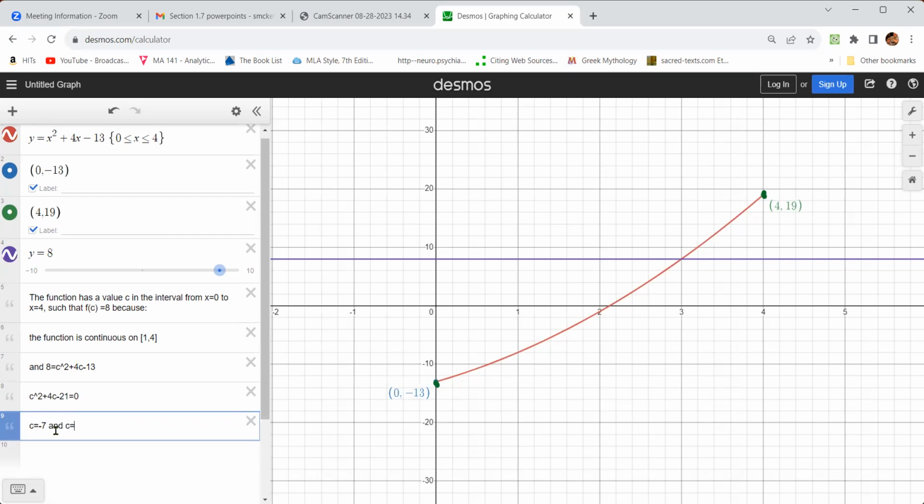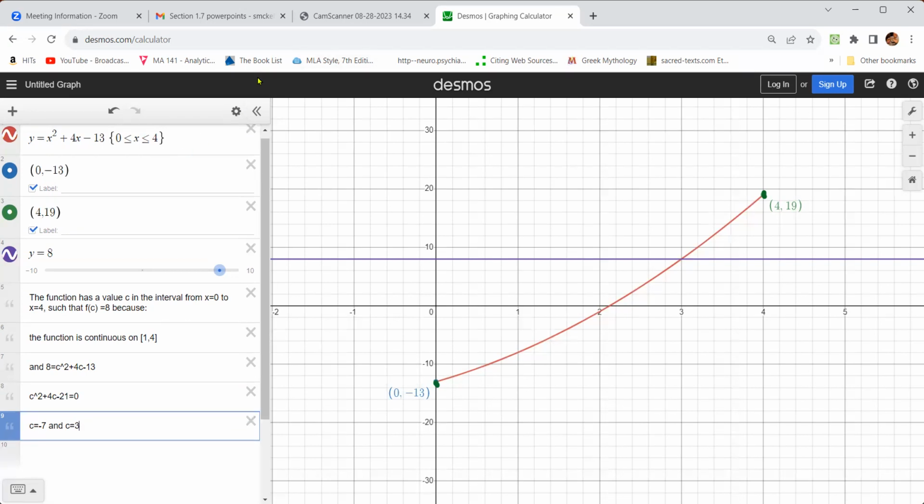-7 is an integer. Yeah, it's not that -7 is wrong. It's that we're in the interval from 0 to 4, aren't we? Right. So therefore it doesn't hit where we want it to hit. Well, it does. Let me prove that to you really quick.